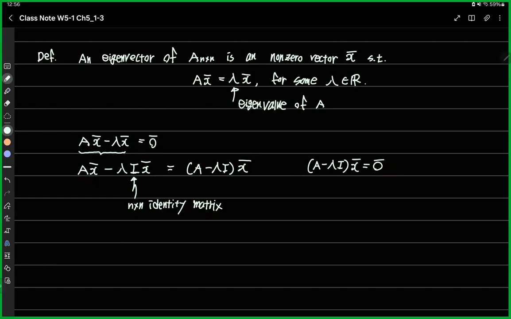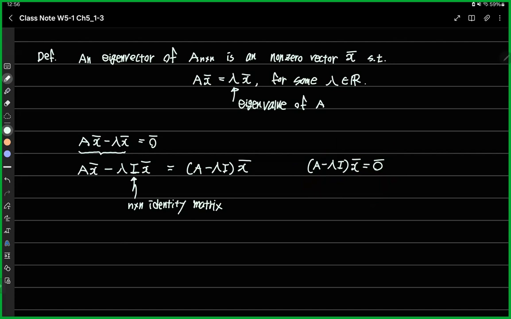I want to figure out whether there is a non-trivial solution. Solving this, we can expect two cases. This is a matrix equation, right? It has either the trivial solution, which means x bar equals 0, or a non-trivial solution.